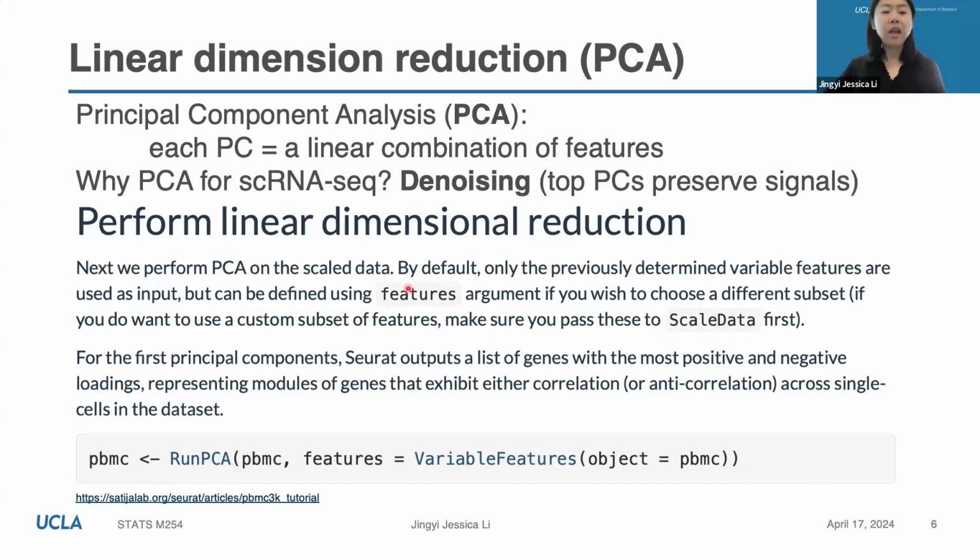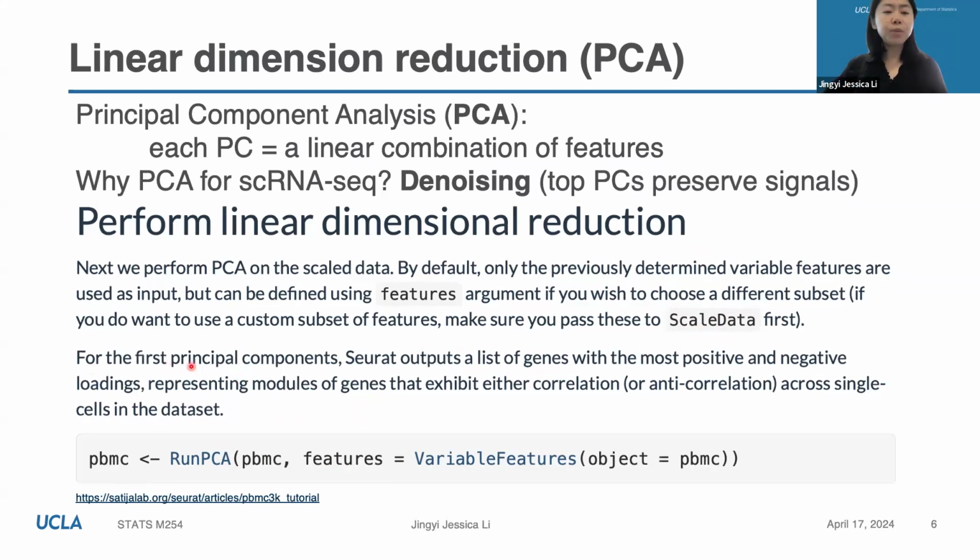However, it says if you do want to use a custom subset of features, make sure you pass these to ScaleData first, because the highly variable genes from FindVariableFeatures, the previous function, were already scaled, right? The other features, if you select them here but they were not in the variable features, are not scaled. So this is just a message for your attention.